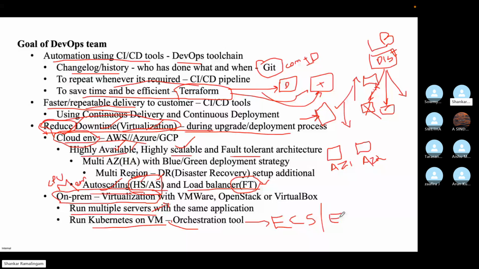So we'll have some introduction and some application deployment after we complete our infrastructure automation for creating ECS cluster and EKS cluster. We'll do application deployment on ECS and EKS clusters.